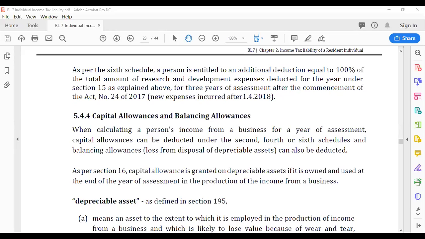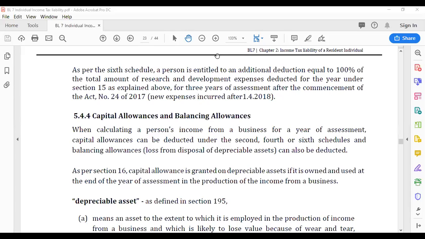Please respond in the chat box, or you can unmute your mic and tell. For a company, if they have an asset, say a machine, the lifetime of the machine is determined by whom?